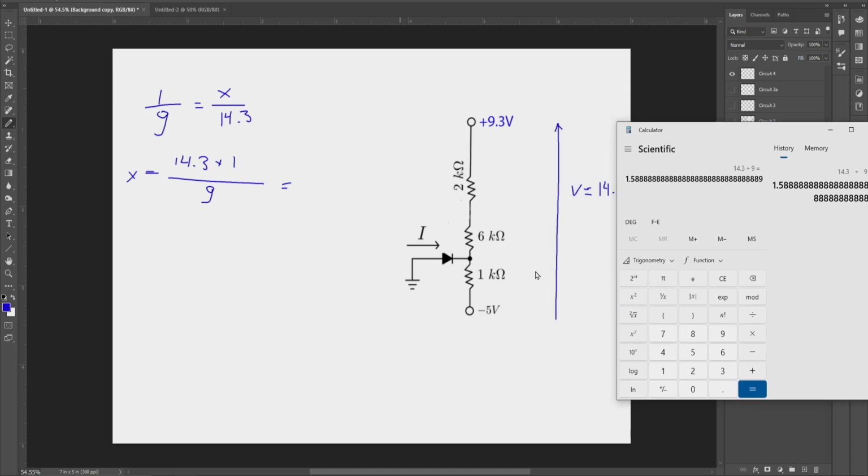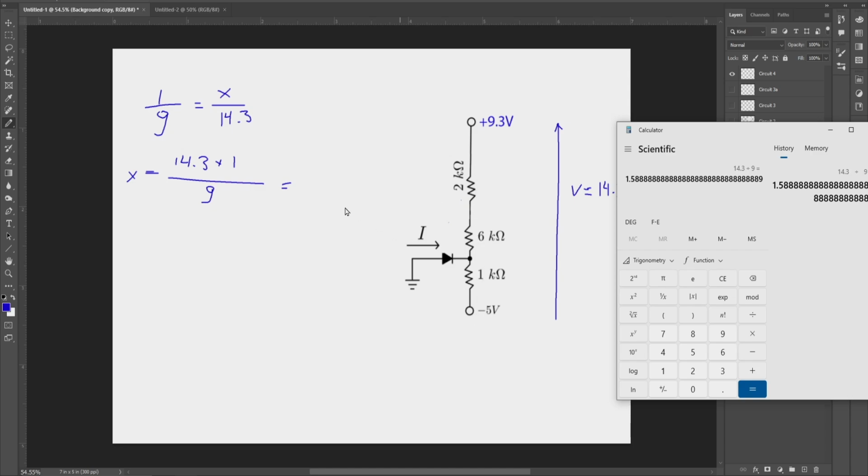But how is that 1.6 volts going to appear at this point? What is going to cause that point to be, if this diode is disconnected? So which way does the current flow? From here, this is the more positive side of the whole series of resistors, and this is the most negative.